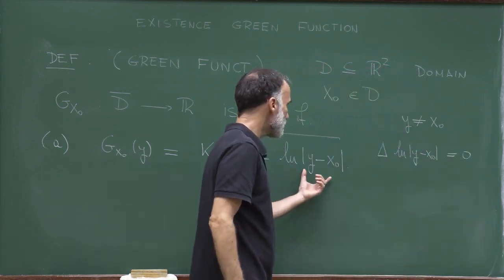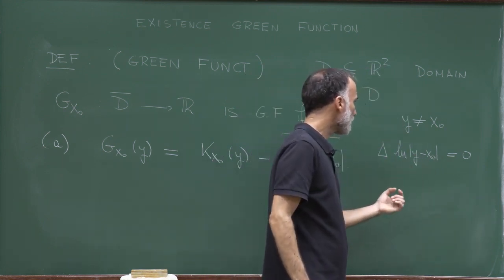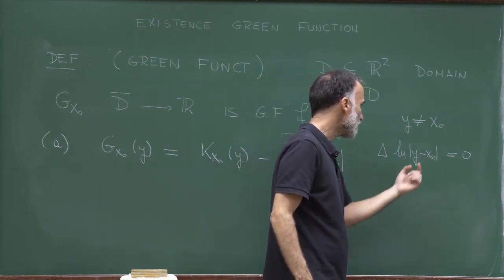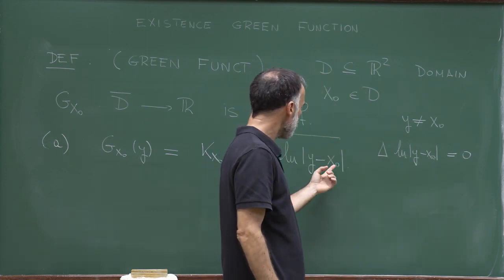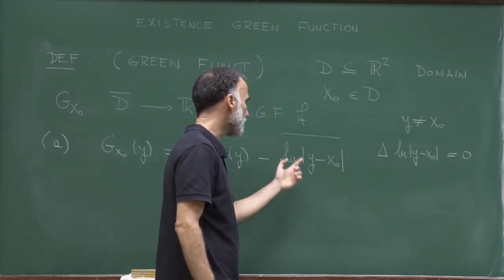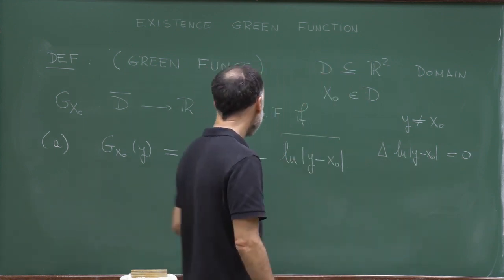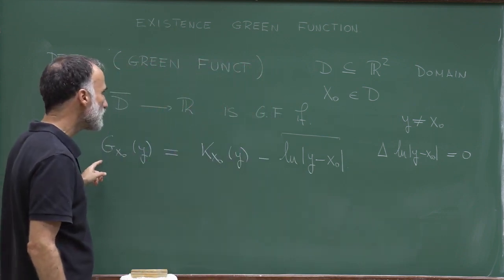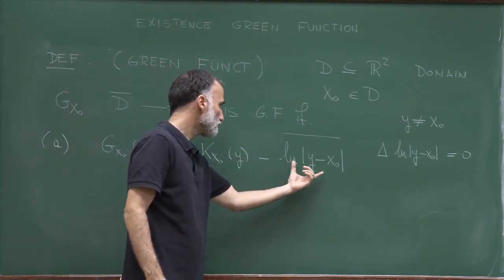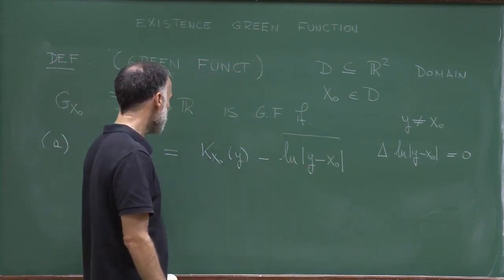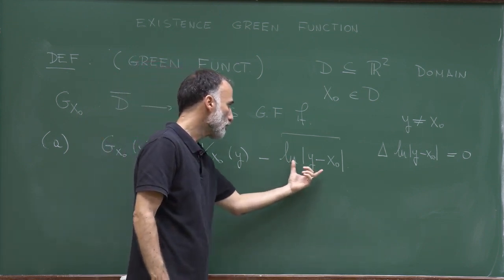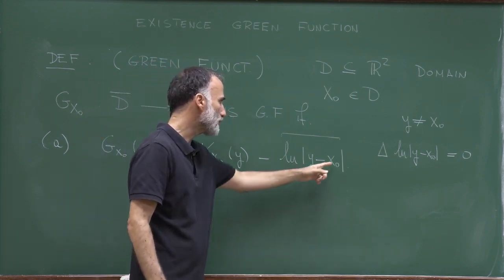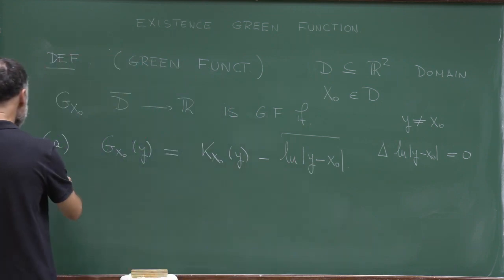So this function is harmonic at any point y different from x0, but at x0 it has a singularity of logarithmic type, and therefore what this first condition is saying is that you can write the green function as a smooth function minus a function which has a logarithmic singularity at x0.